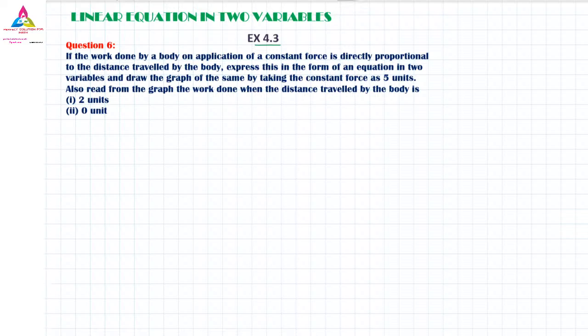So coming to the 6th question, if you go through it clearly, let us learn what it says. If the work done by a body on application of a constant force is directly proportional to the distance traveled by the body, express this in the form of an equation in two variables and draw the graph of the same by taking the constant force as 5 units.